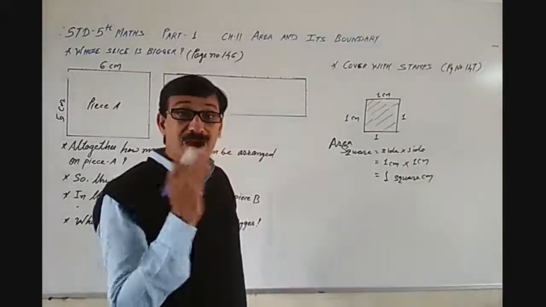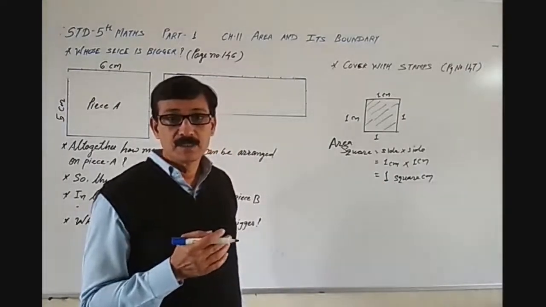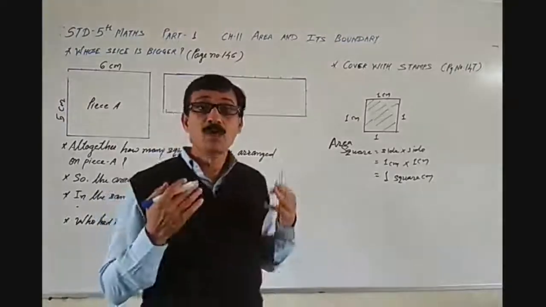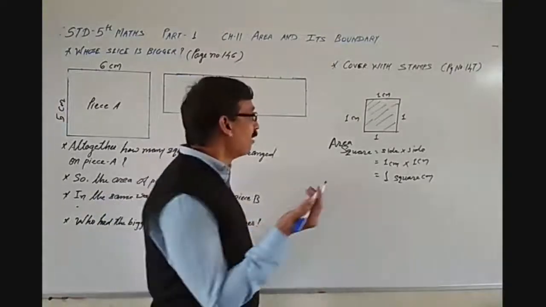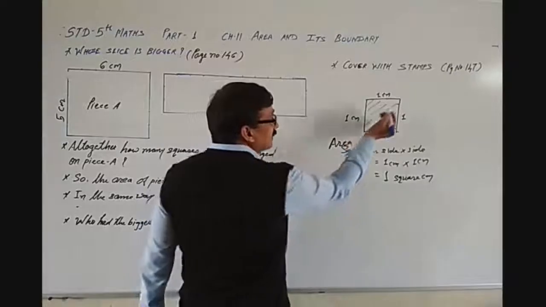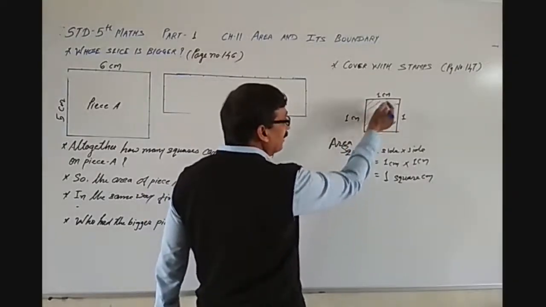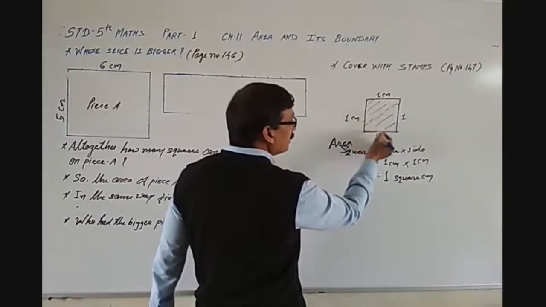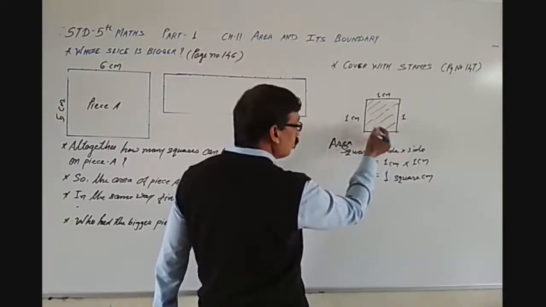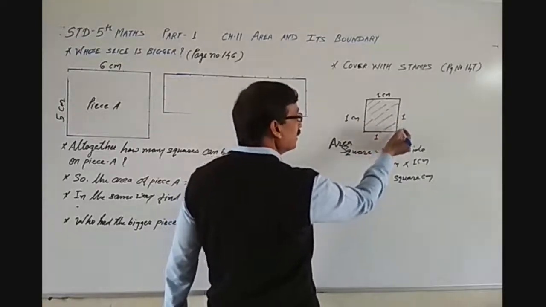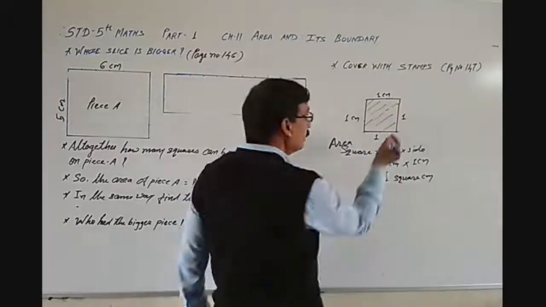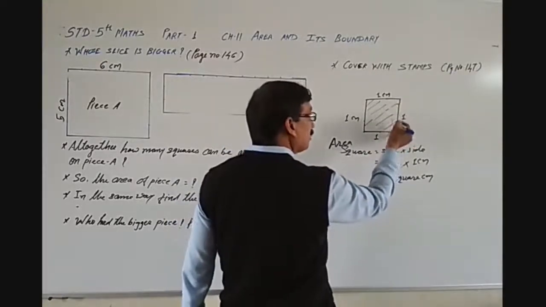And the boundary is called perimeter. So let's say the boundary, see, this is 1 centimeter plus this 1 centimeter, that is 1 plus 1, 2. This is also 1 centimeter, 2 plus 1, 3. This is also once again 1 centimeter, so 3 plus 1 is 4.